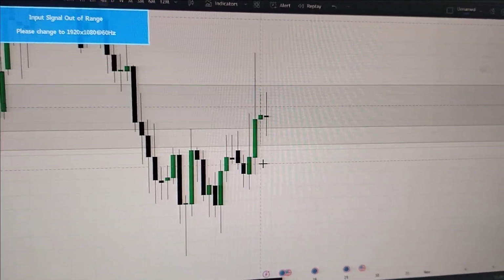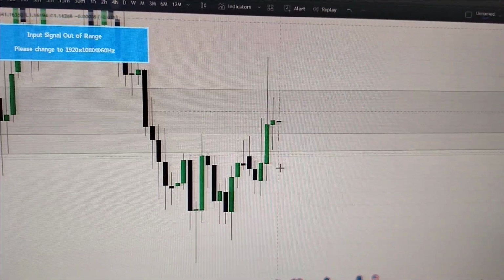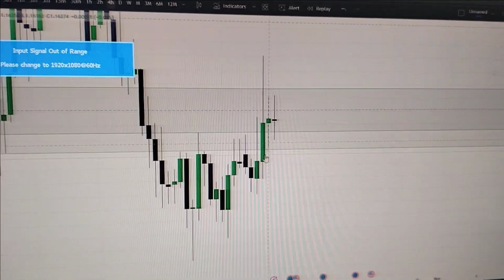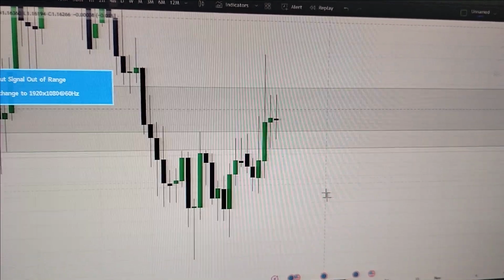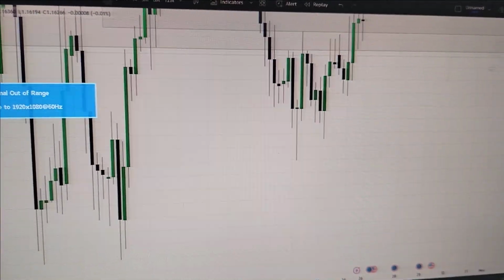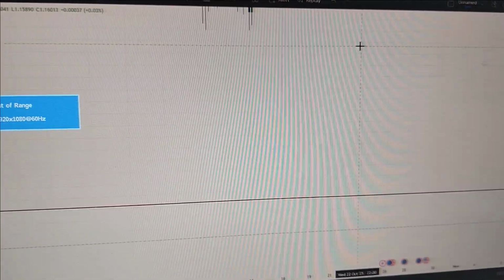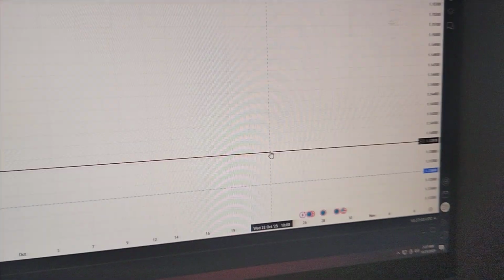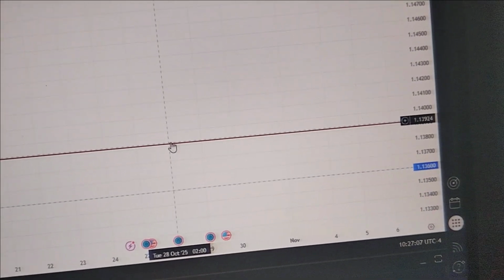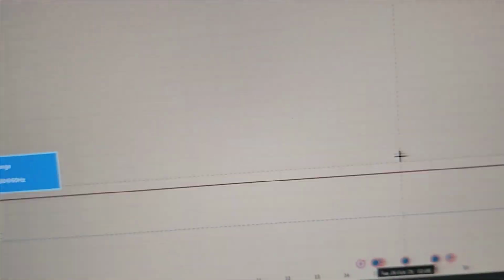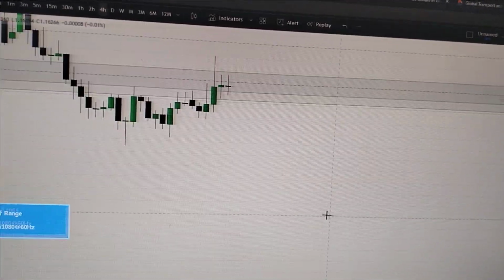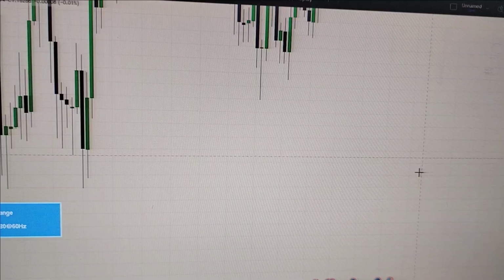But if a CB is created by Monday or Tuesday, you should enter that CB on a 4-hour time frame, nailing down to these levels here. This one level I think is around 1.13924.